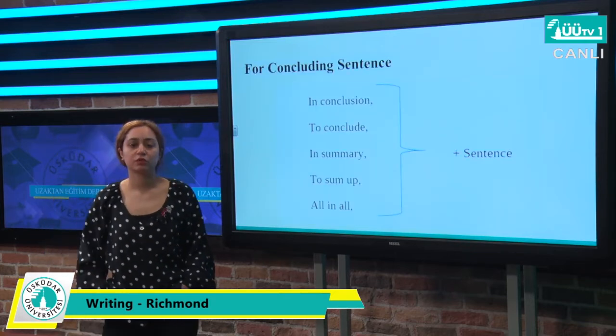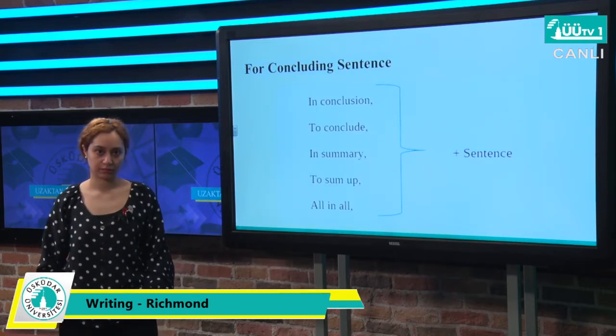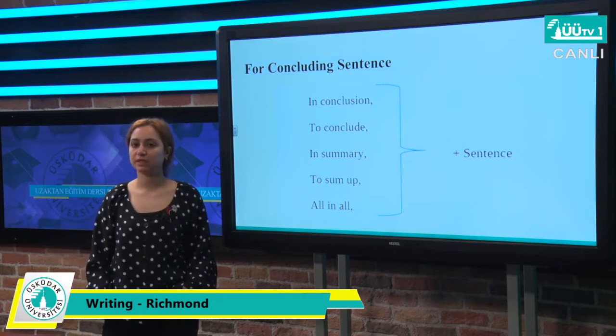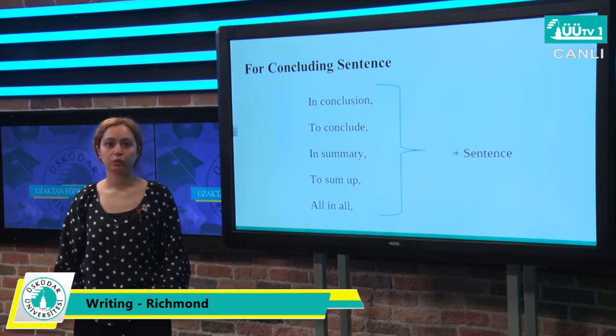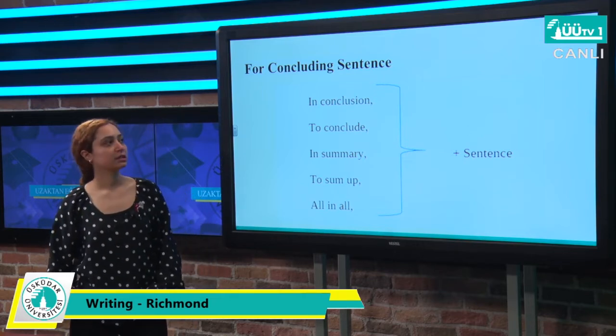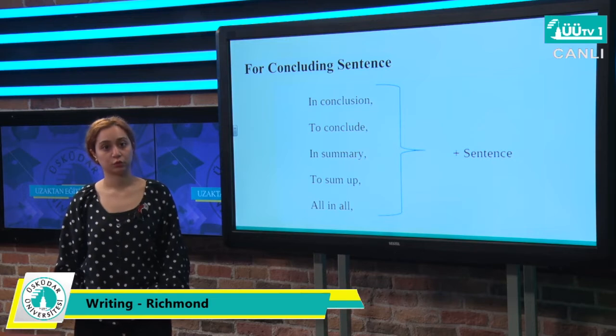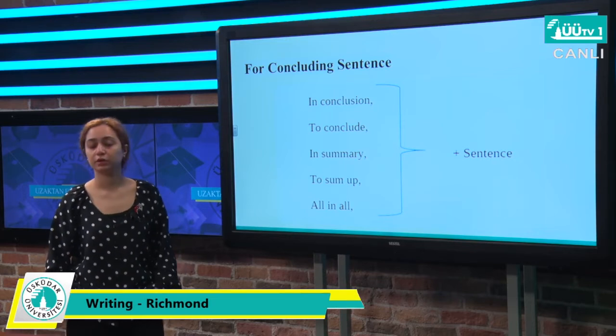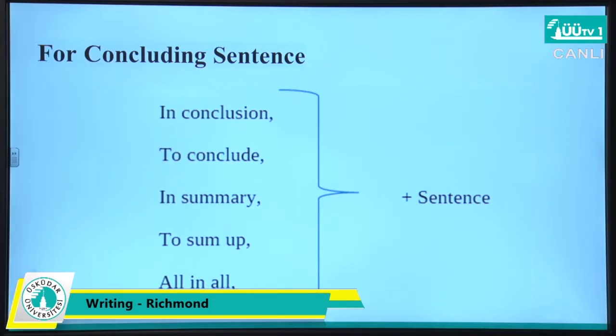So after writing the topic sentence, we wrote the supporting sentences. Now it's time to write the concluding sentence to finish the paragraph. Without a concluding sentence, we cannot finish our paragraph. It is very important.